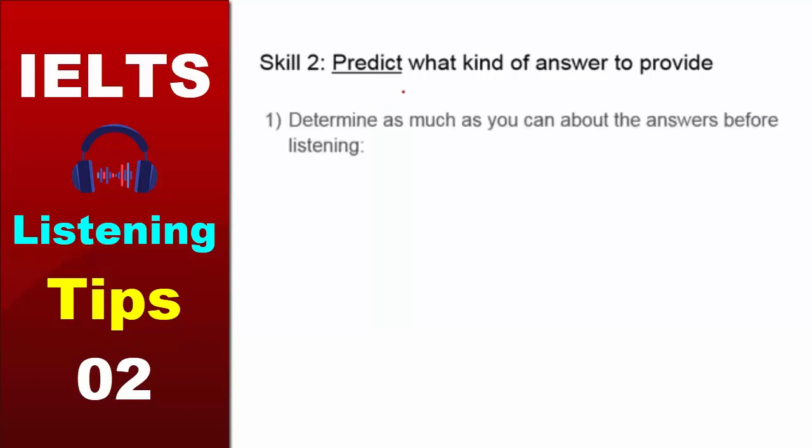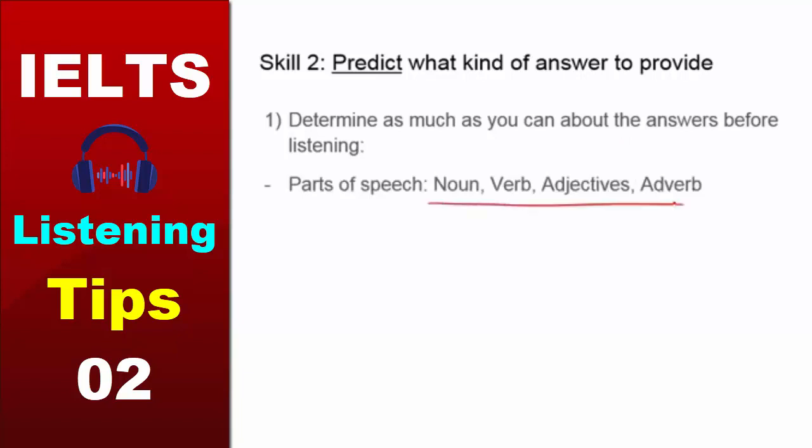By looking at the questions and the answers in the questions, you're trying to figure out things like this: is my answer going to be a noun, a verb, an adjective, an adverb? Many times the questions give you grammatical clues, so you know what kind of word you're listening for.